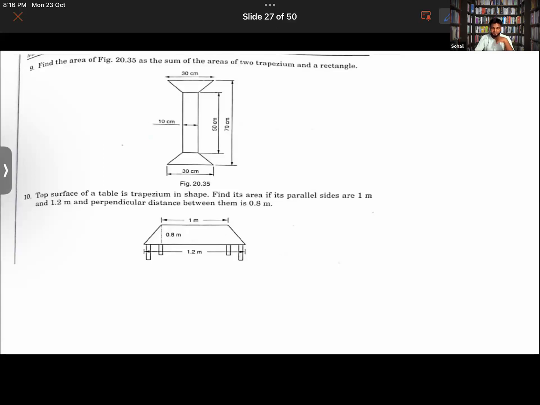So the answer is 1,300 square centimeter.